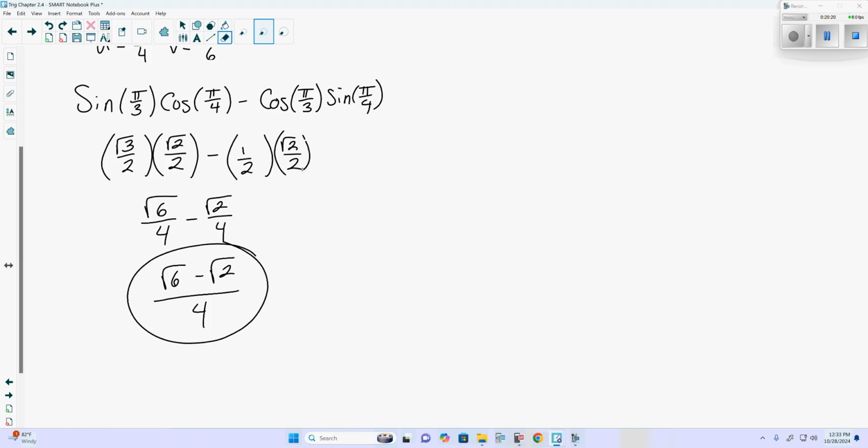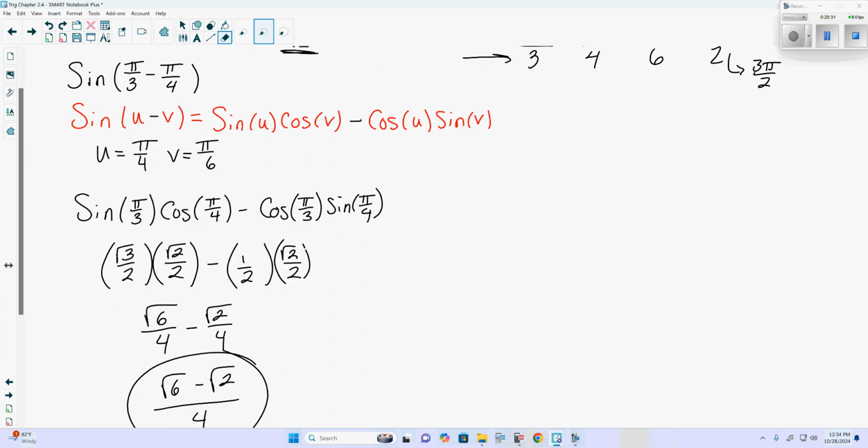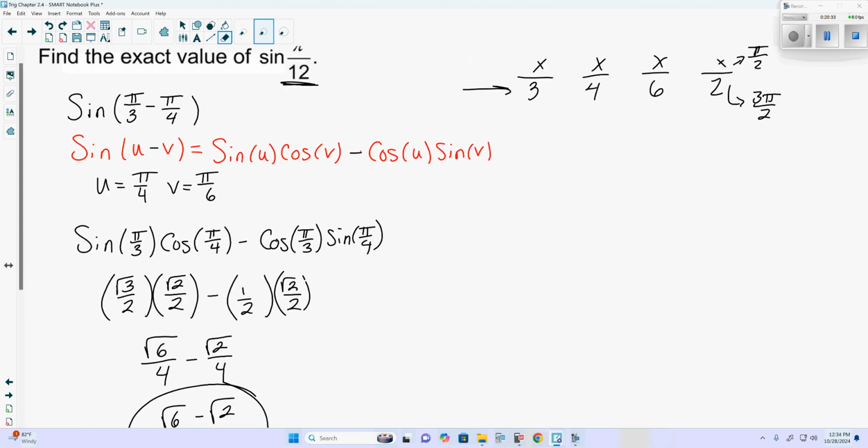So really, picking which one doesn't matter, as long as those two angles either add or subtract to give us pi over 12. We just have to pick one that works, and I would pick the first one you come across. There's no real scientific way to get there. There are many ways to get there.